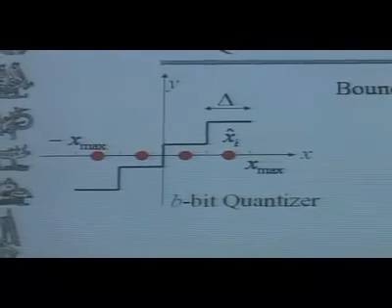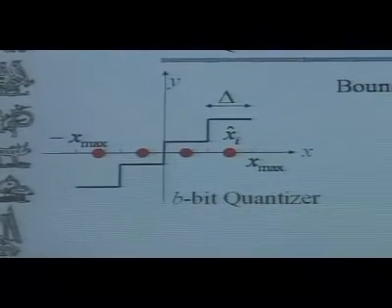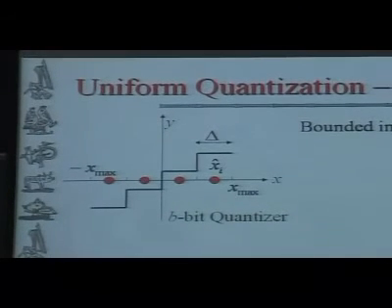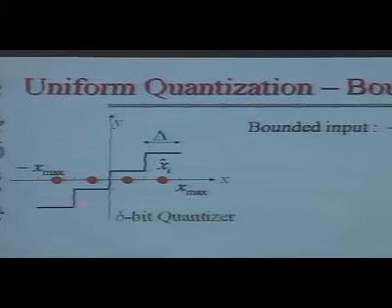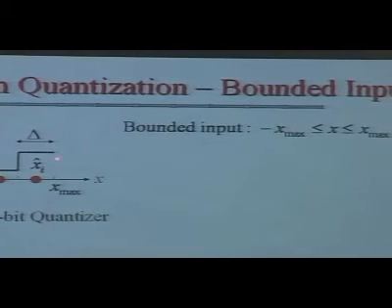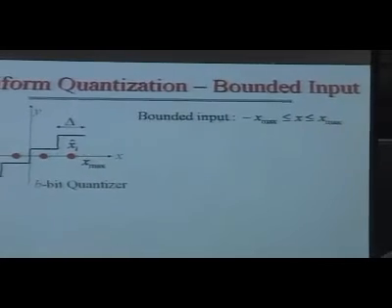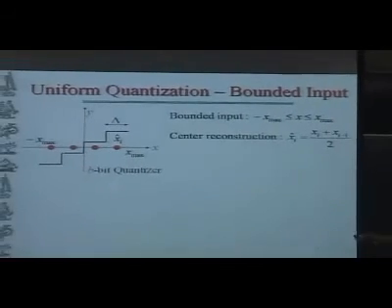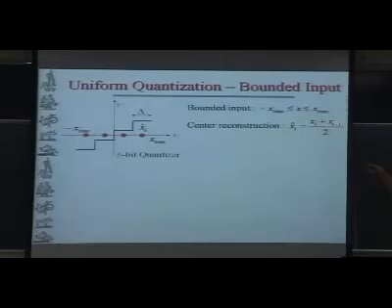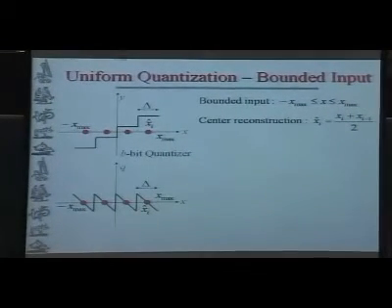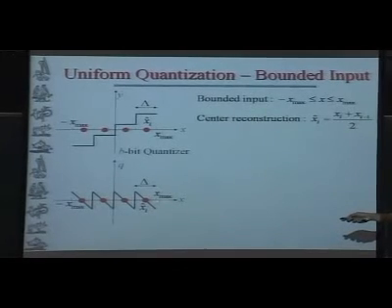Okay, to demonstrate this, let's play with this very simple example. This is a bounded input, so my x can never go past negative x max and positive x max. In this case, I draw 4 quantization intervals, but it can be L. The center reconstruction gives me x hat i being the middle of each interval.